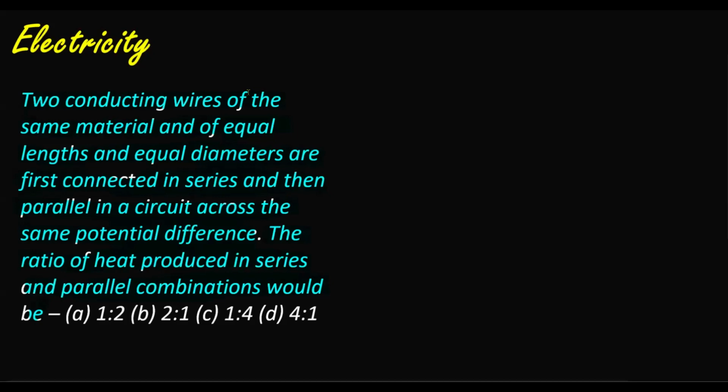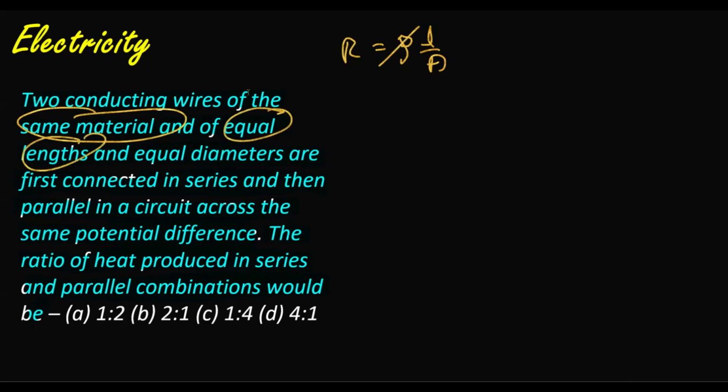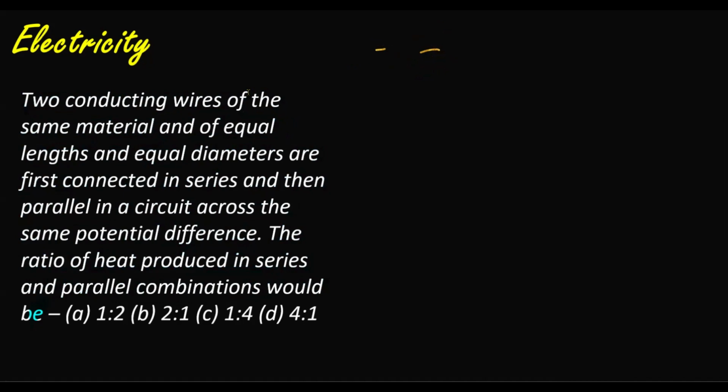Right. So first thing that I should see here is that resistance is rho L over A. As you can see, the material is the same, that means they have same resistivity, equal length, and equal diameter means equal cross section area. So it is clear that the two connecting wires will have equal resistance.